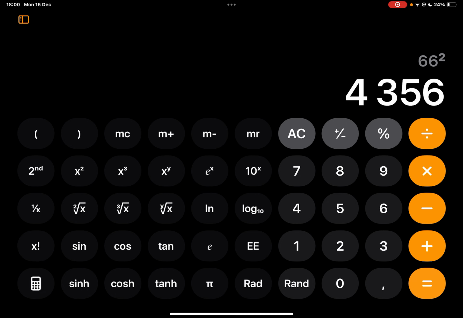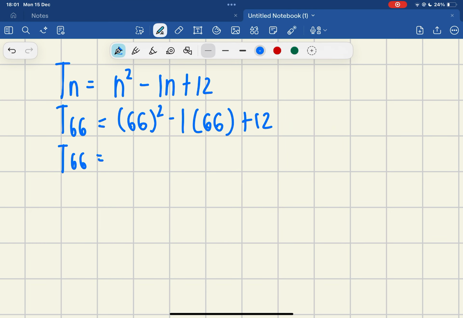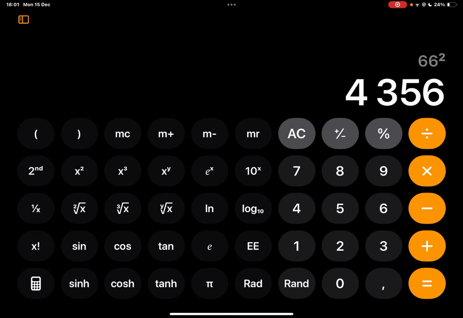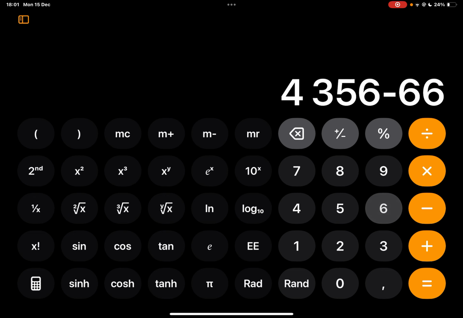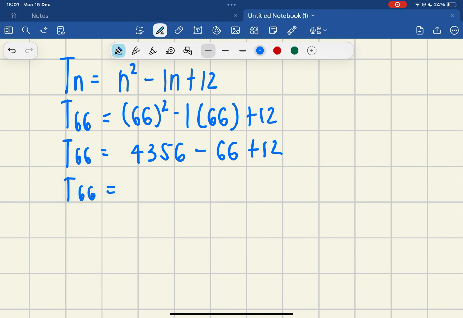That would be 4,356. So 4,356 minus 66 plus 12, which is 4302. I hope I made sense, grade 12s.